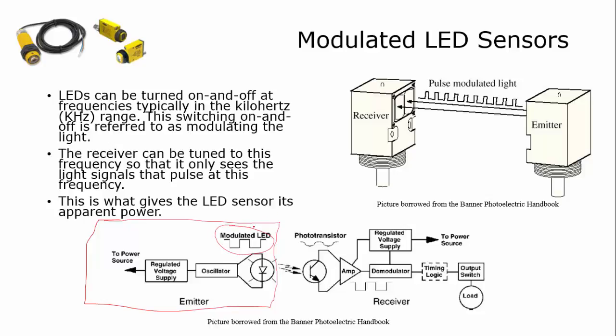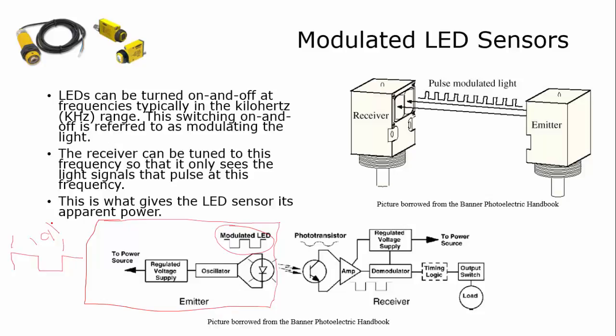So it's turning on and off and on and off. So you've got this on and off from 0 volts to whatever the plus voltage is. And it's the frequency of it, and the frequency is measured from here to here. That would be 1 cycle or 1 hertz. Or the frequency can be switched in the kilohertz range.